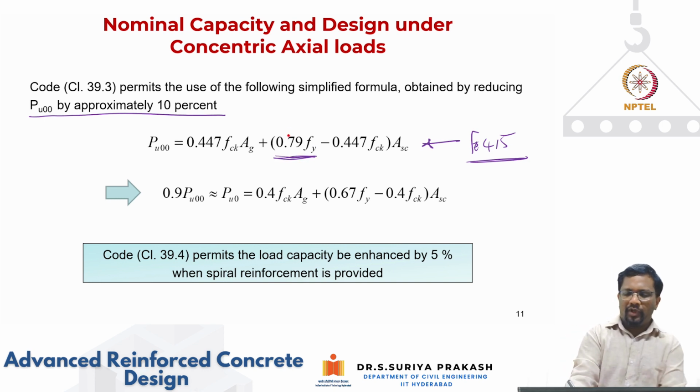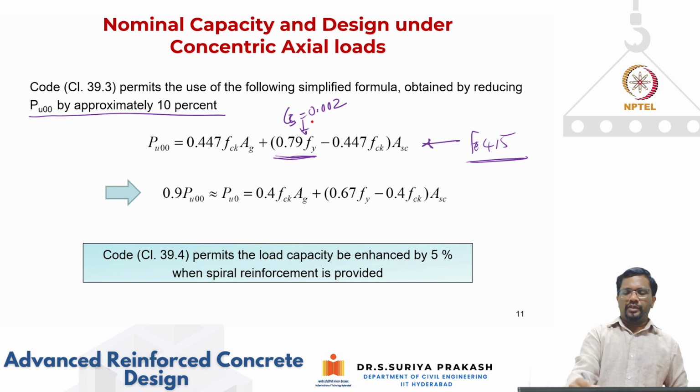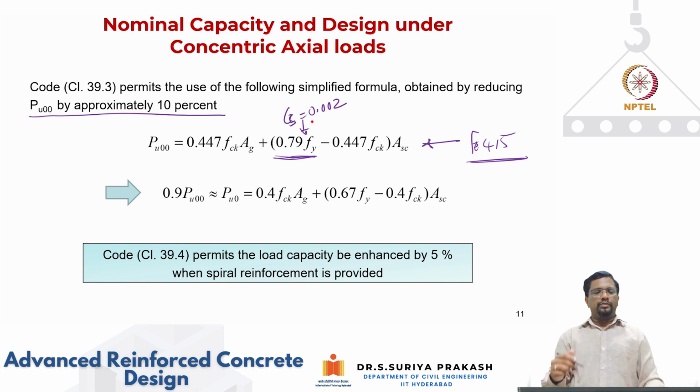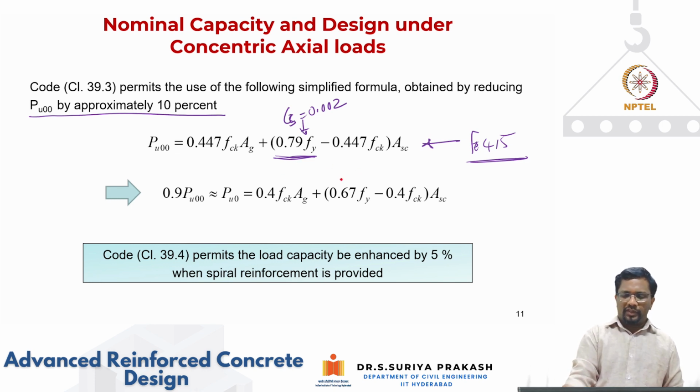Why is this 0.79 fy for Fe415? For a strain of 0.002, you get that stress. So this is the expression, and the code is proposing a simplified formula. This equation is valid for all grades of steel, but we know that this stress is going to change depending upon the grade of steel.